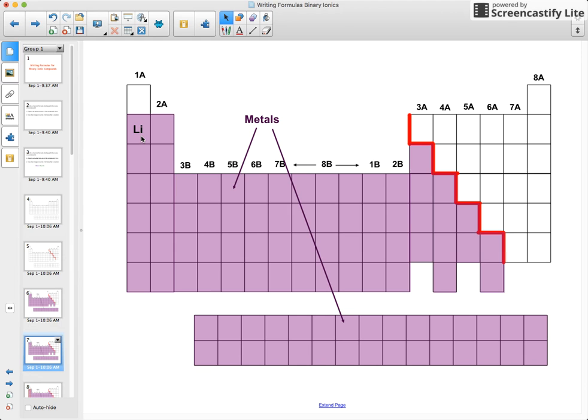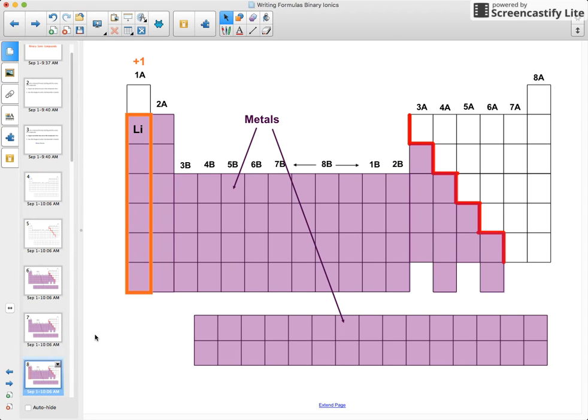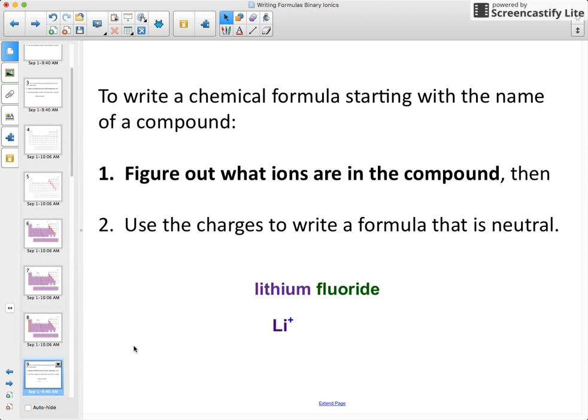When they lose an electron, they form ions with a +1 charge. And that's true of all of the alkali metals. So the alkali metals, now outlined in red here, form ions with a +1 charge. Okay? So now we can write a formula for our lithium ion, and it's Li with a +1 charge.